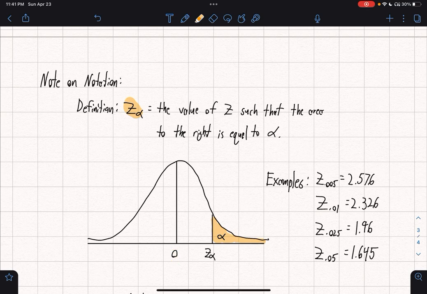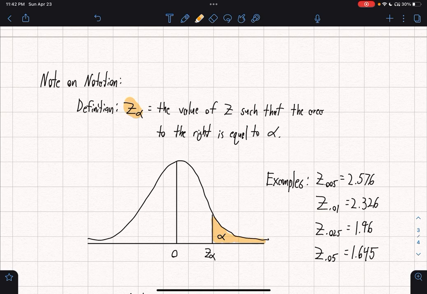And I'm just saying z alpha is just going to be that value such that alpha percent is to the right of it, represented by the orange highlighting. So the area of the orange highlighting is equal to alpha. Z alpha is just the corresponding z value such that we have alpha percent to the right of it.